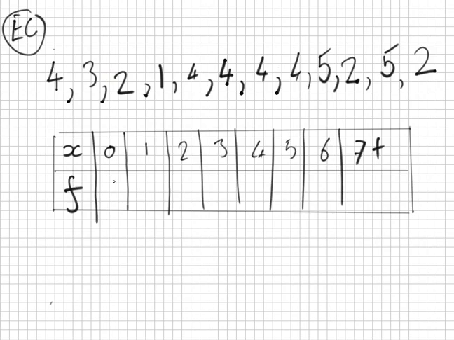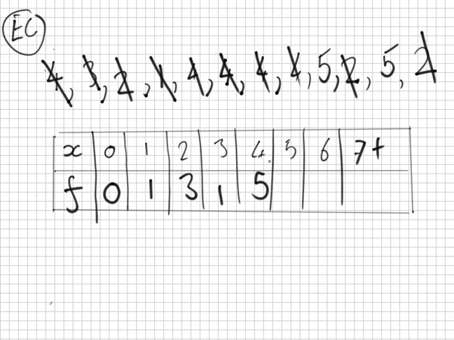None. Ones, there's 1 there. 2s, 1, 2, 3. 3s, 1. 4s, 1, 2, 3, 4, 5. 5s, 2. 6, and 7 plus 0. So this is now a frequency table or frequency distribution for this data here.